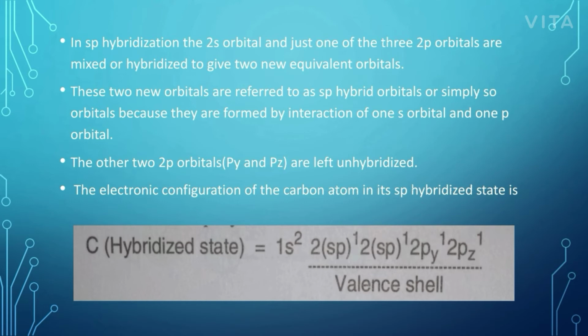This is the electronic configuration of the carbon atom in the hybridized state: 1s2, 2sp1, 2sp1, 2py1 and 2pz1. Here 2 sp orbitals are formed and they are equivalent orbitals. It means they have the same energy and shape.